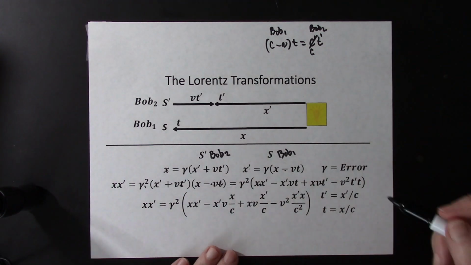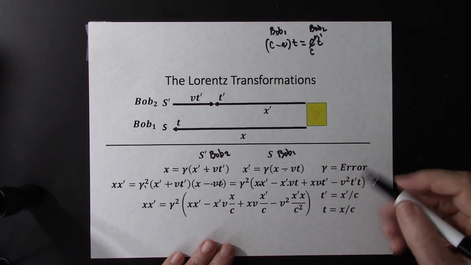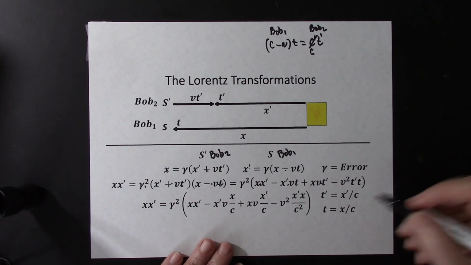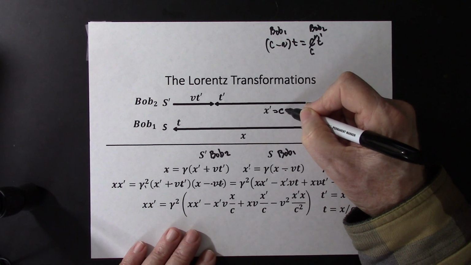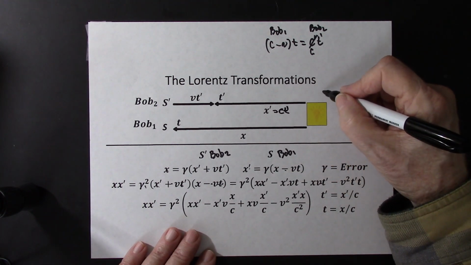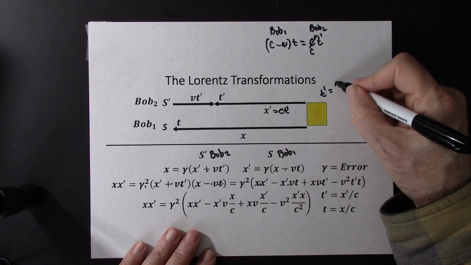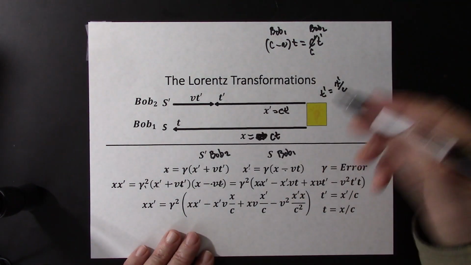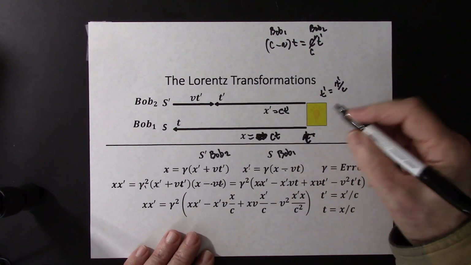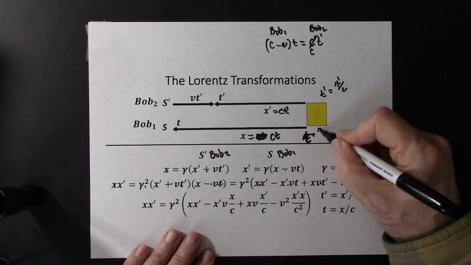So we have to remember something, that t prime is equal to x prime over c. Since x prime is equal to c times t prime, then t prime is equal to x prime over c. And the same thing you can say for ct, and so we can conclude that t is equal to x over c.